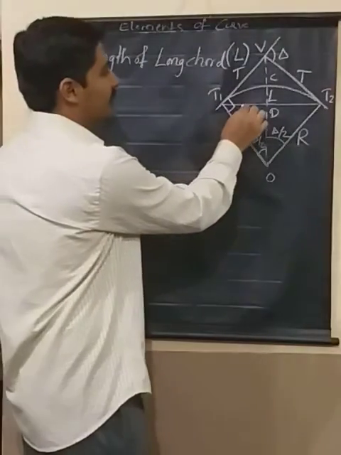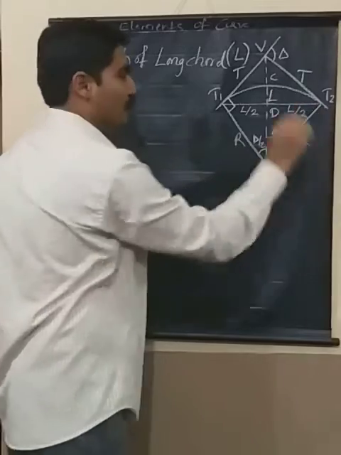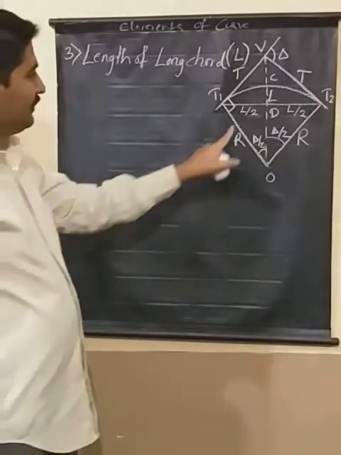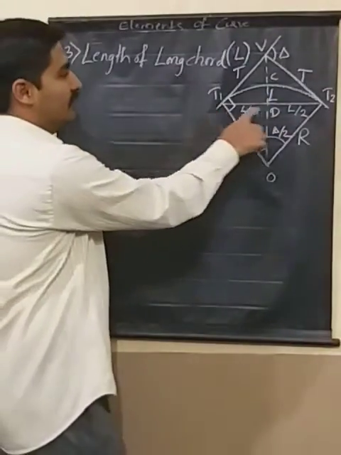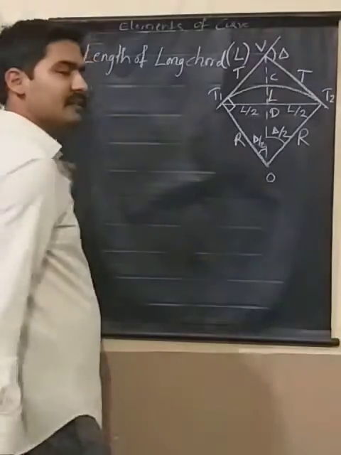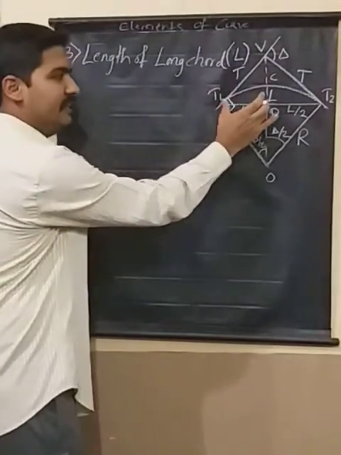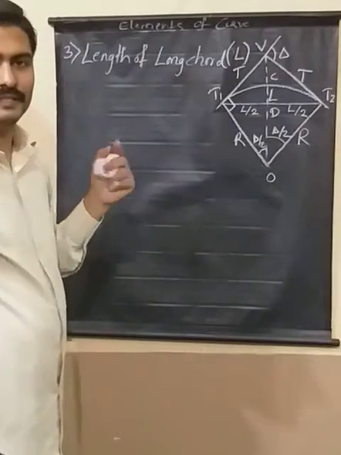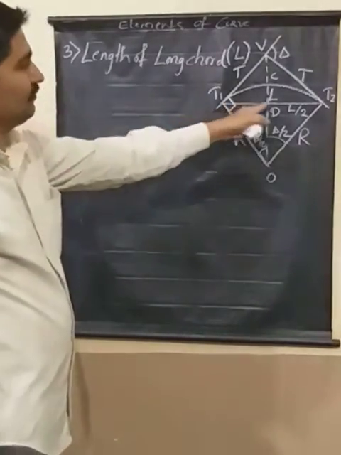So definitely this is going to be L by 2 and this is going to be L by 2, isn't it? So you are going to make it exactly half. So T1D is L by 2 and then DT2 is L by 2 again, right? So if I find T1D, I can easily get L, because it is 2 times T1D.